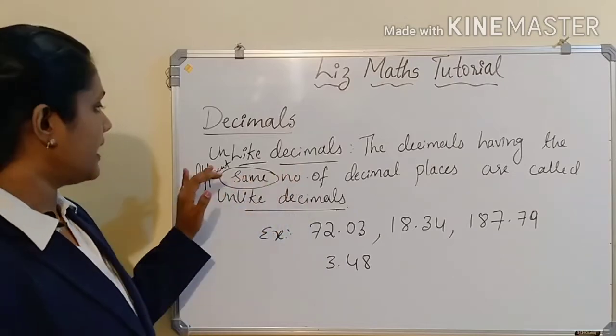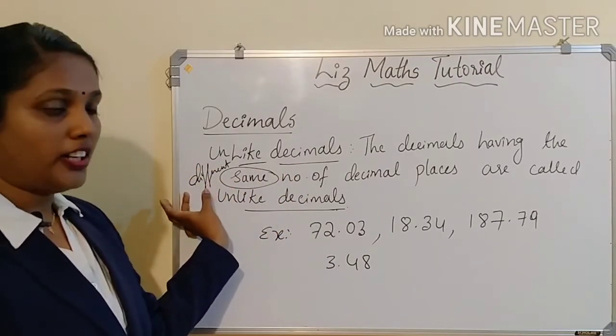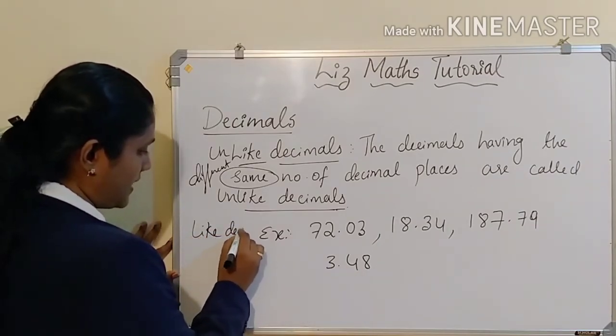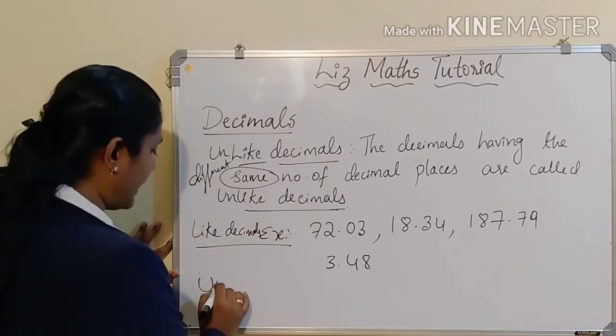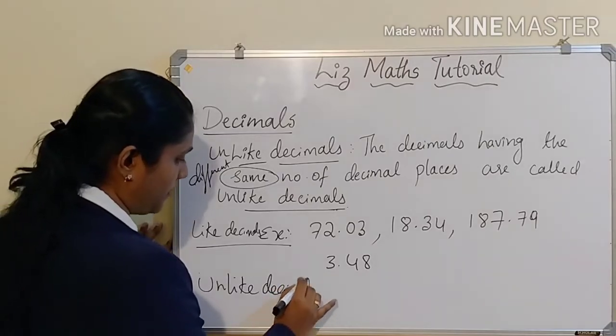This is the like decimal example, and let me write unlike decimals so you can compare these two.